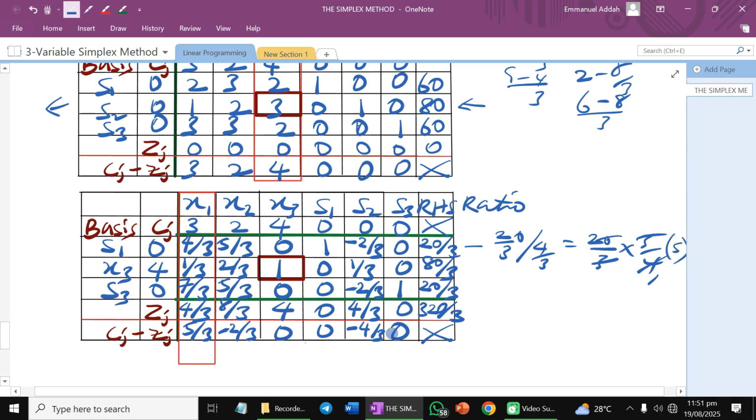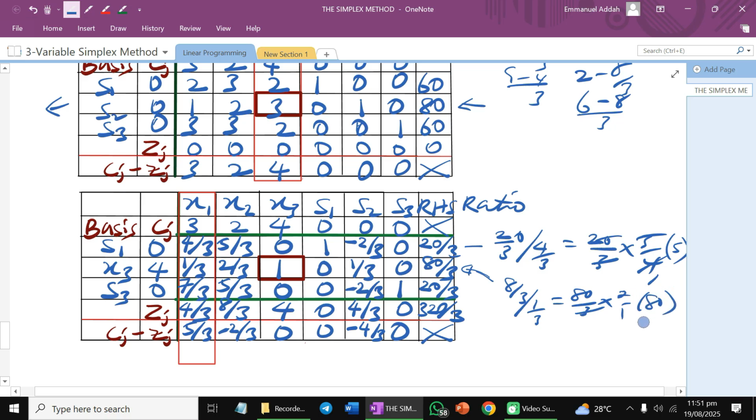The next one, 80 over 3, dividing by 1 over 3. That will be 80 over 3 times 3 over 1, that's 80. So the next one is 80. That's for this row.